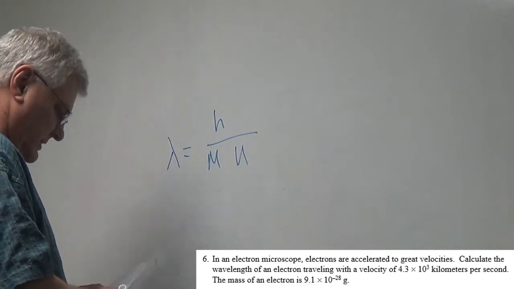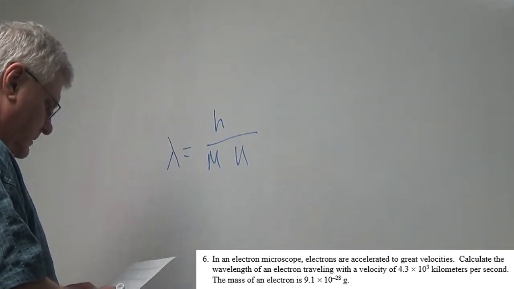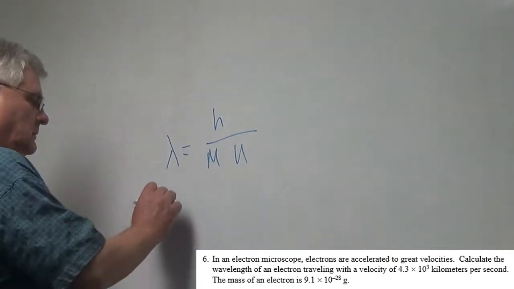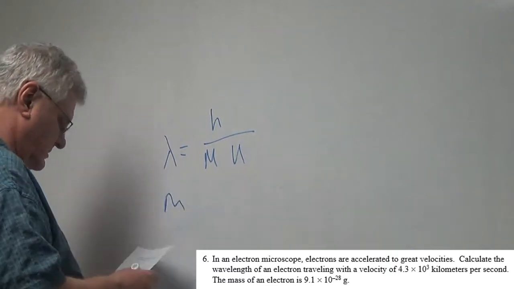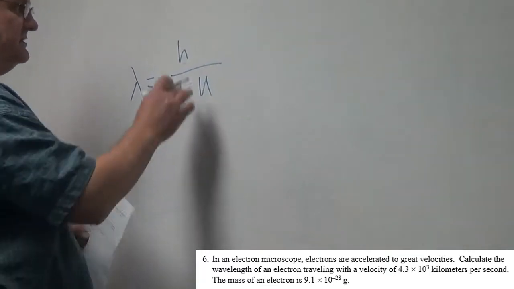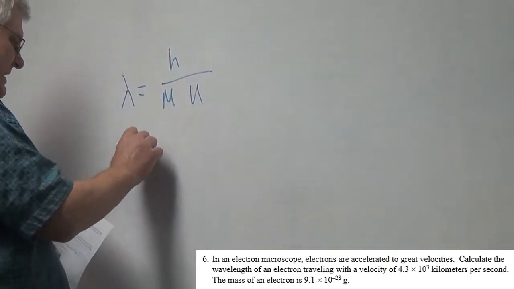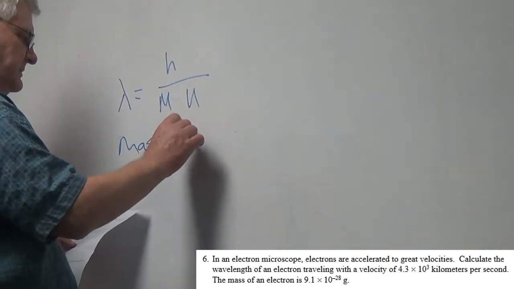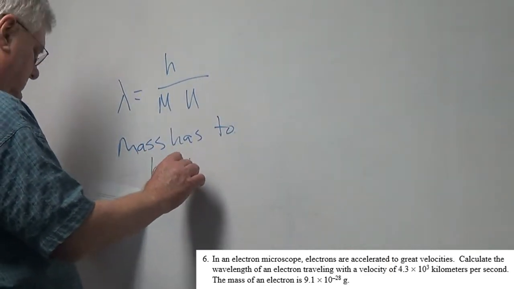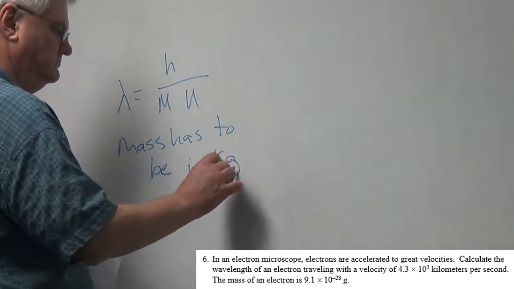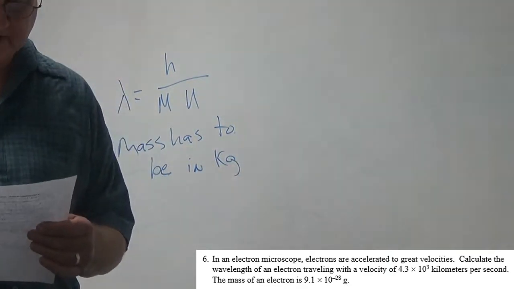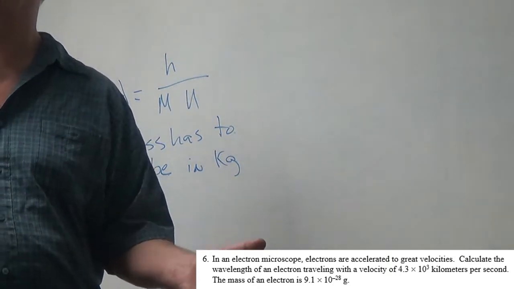Now, one heads up here, when you're using this equation, because of the fact that you're going to be using joules and joule seconds for Planck's constant here, the mass has to be in kilograms. Now, if the problem gives you the mass in grams, you got to change it to kilograms.